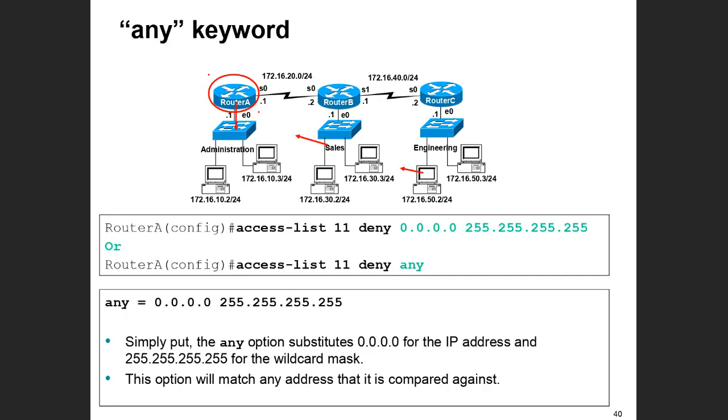Now let's look at the any keyword. Before we said deny 0.0.0.0 255.255.255.255, deny all possible addresses. As a shorthand, you can use the word any. Instead of having to type out all those zeros and all those periods, and make sure you don't make any typographic errors, I can shorthand and say access list 11 deny any, and that will do exactly the same effect.